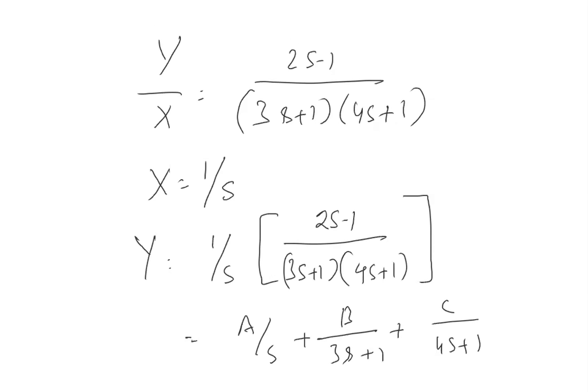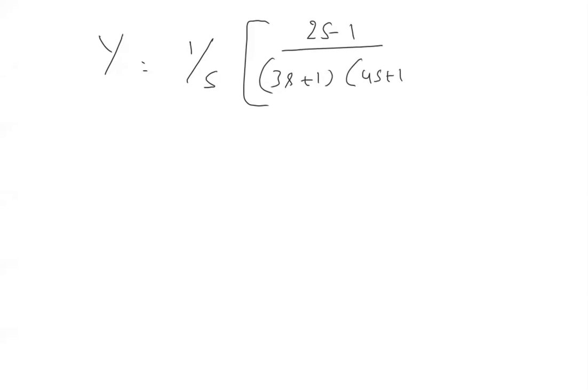Another way of solving: let's take y equal to 1 by s into (2s minus 1) by (3s plus 1) into (4s plus 1).